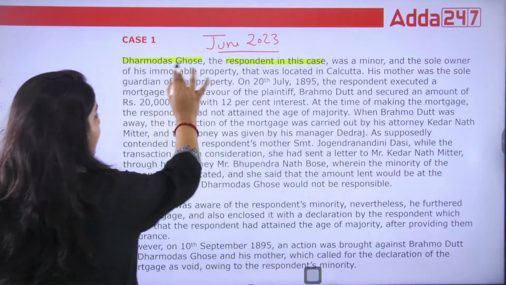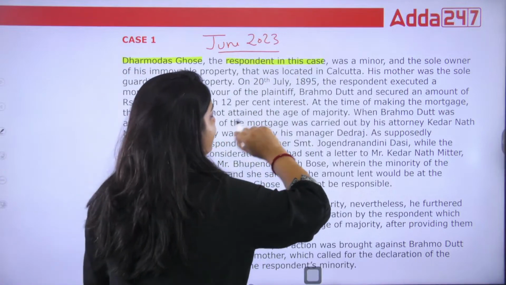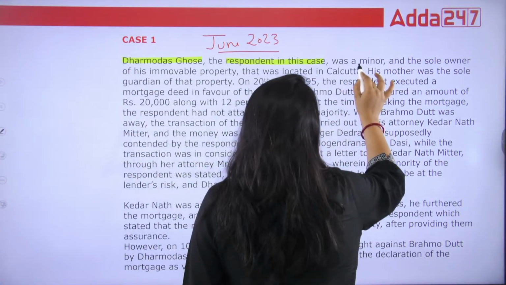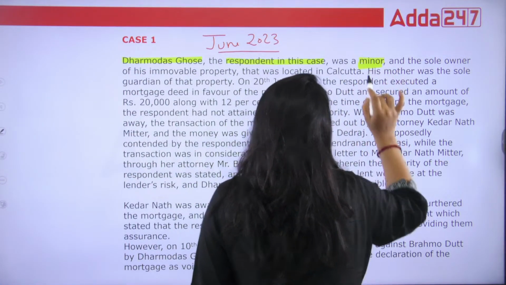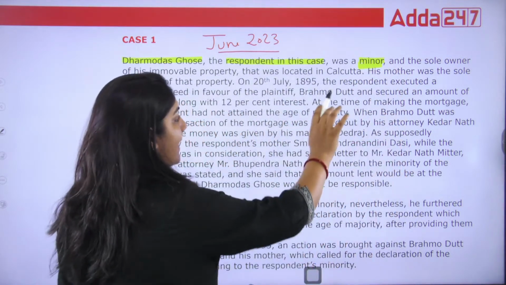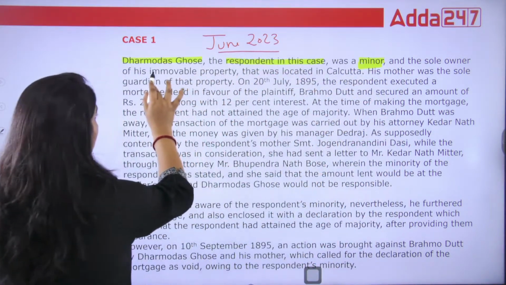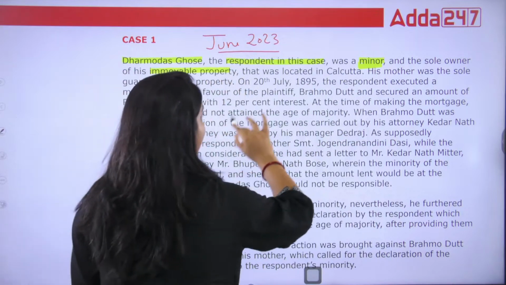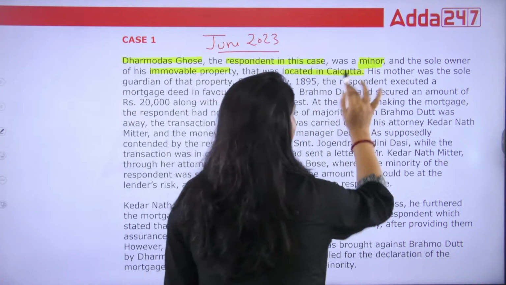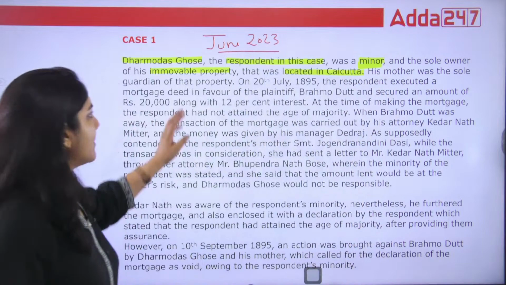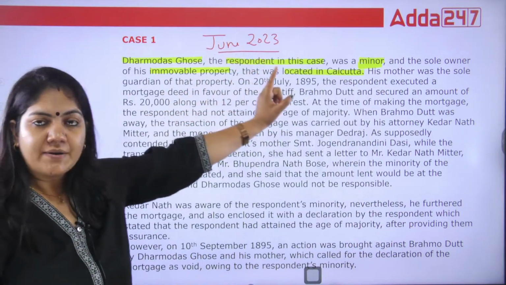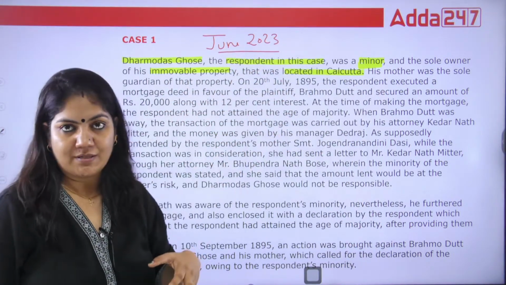So guys, Dharmodash, the respondent in this case, was a minor, and was the sole owner of an immovable property located in Kolkata. Class, Dharmodash Ghosh is the minor. Minor means below 18, right?